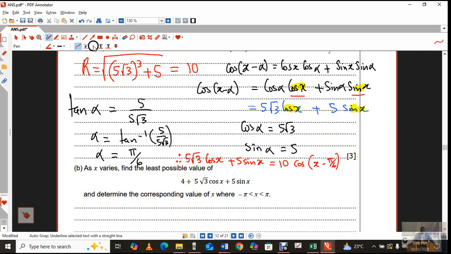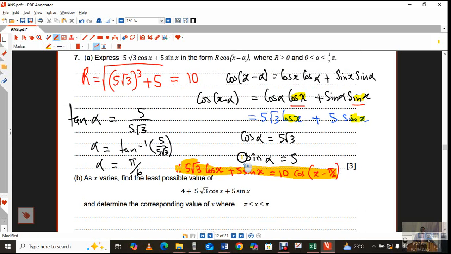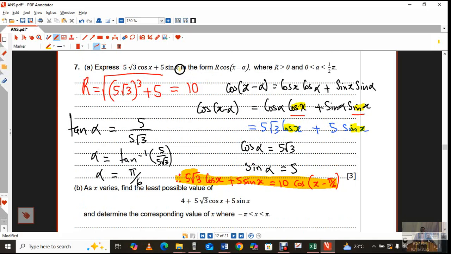That is how you are supposed to write the final answer. But in this particular case, as long as they see you got the value of r and the value of alpha, but they said express it in that form.